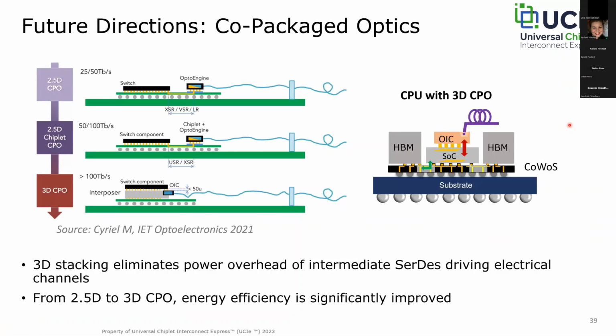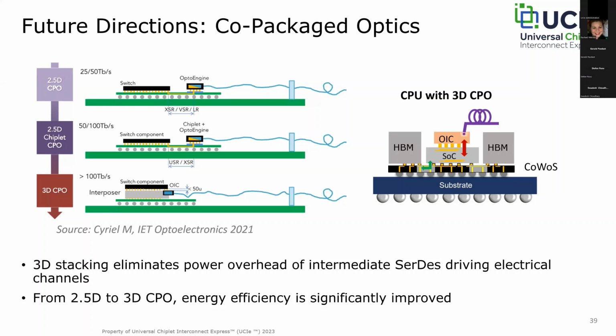Finally, looking forward, advanced packaging technology is also expected to bring optical fiber communications into the package. By moving the optical I/O closer to the SoC, the power overhead from the intermediate SerDes that drives the electrical channel will be reduced.